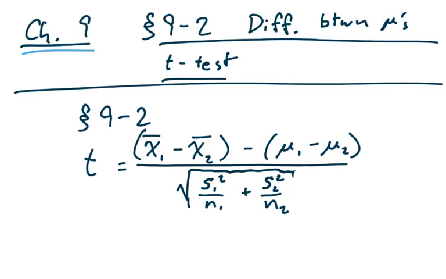And this is the formula to compute our test statistic when performing a hypothesis test, testing the difference between two means. The test itself and the initial problem will be very similar to what we encountered in the last section. So let's proceed with an example.